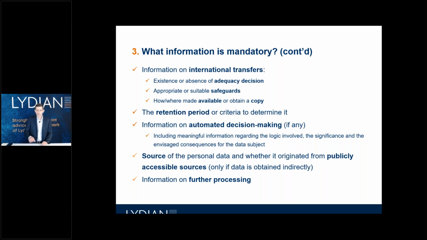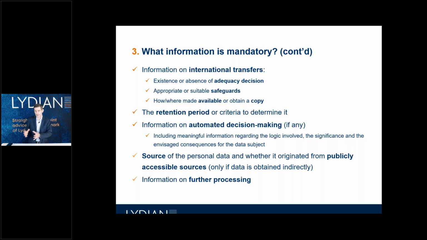You will also need to provide information on automated decision making. I will come back to that in a minute, I will not explain right now. Also added by the GDPR is the fact that whenever you have obtained data from a third party, so not directly from the data subject, you need to inform the data subject of the source of your data.